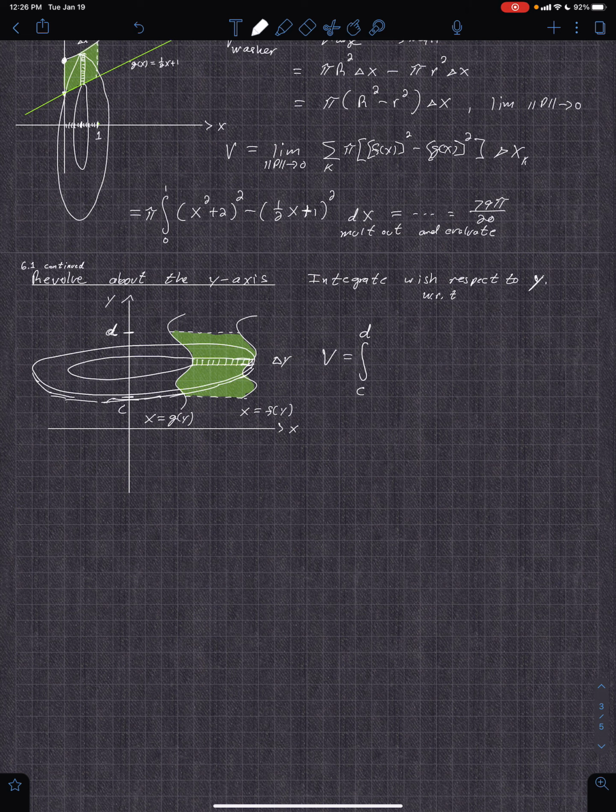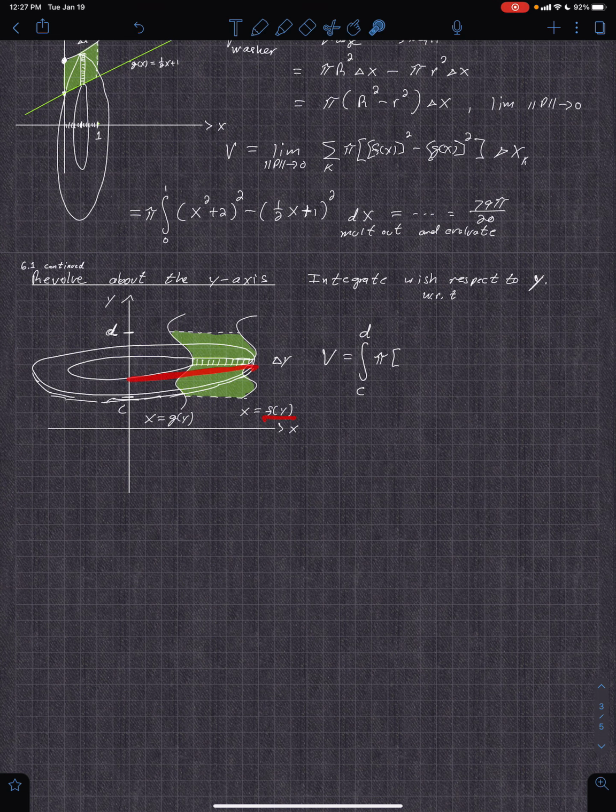And you get the volume of the big washer. So that's pi times, and then the outside radius, the large one, is of course your f of y. So you say f of y, and then that's squared because it's pi r squared, right? And then times your thickness, or the height of the cylinder.